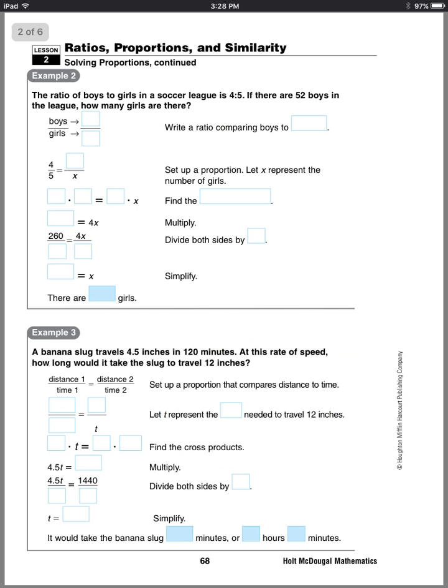Okay. The ratio of boys to girls in a soccer league is 4 to 5. Because boys comes before girls, there's 4 boys to every 5 girls. Okay. If there are 52 boys in the league, how many girls are there? So, boys came first, so that's 4 over 5. We don't know.